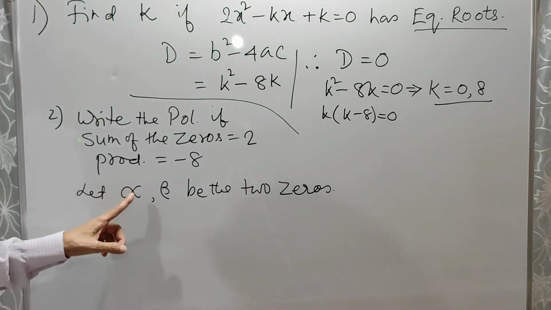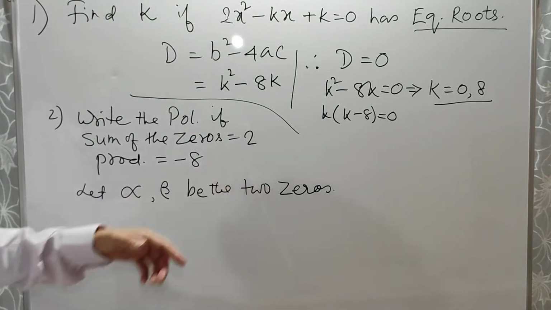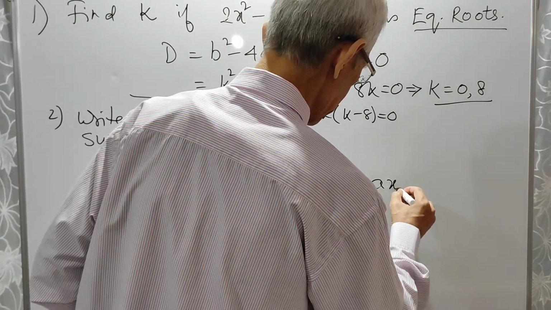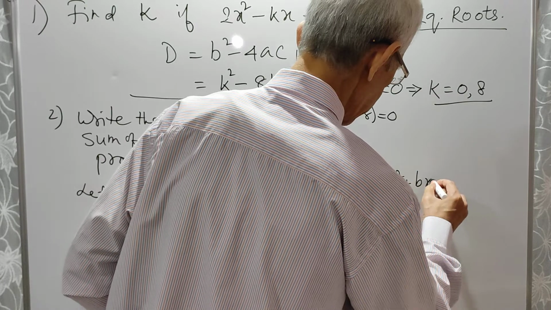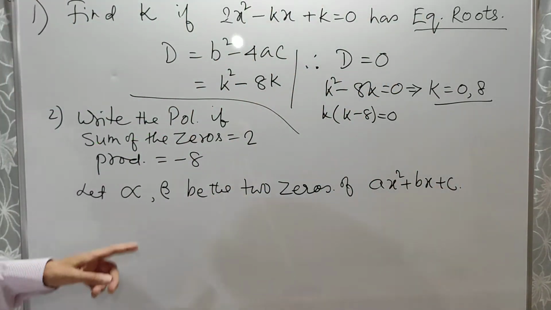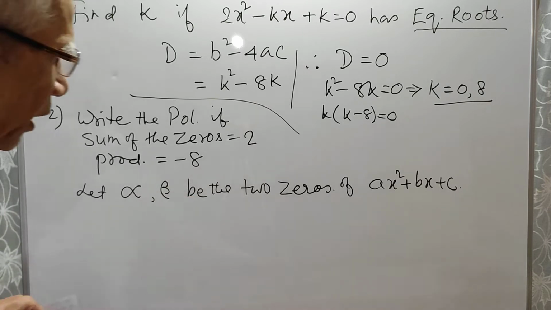So let alpha and beta be the two zeros of the polynomial ax square plus bx plus c. So that is the polynomial, and we have assumed alpha and beta are the two zeros.